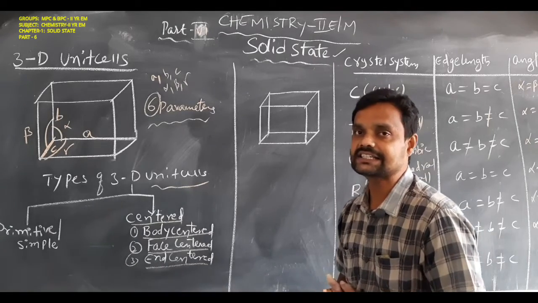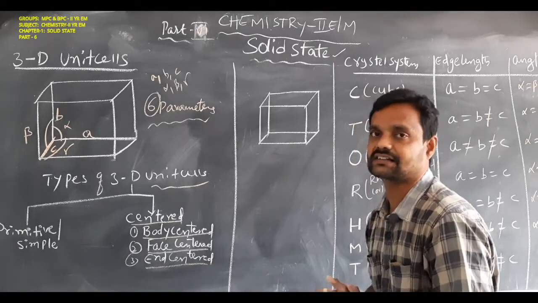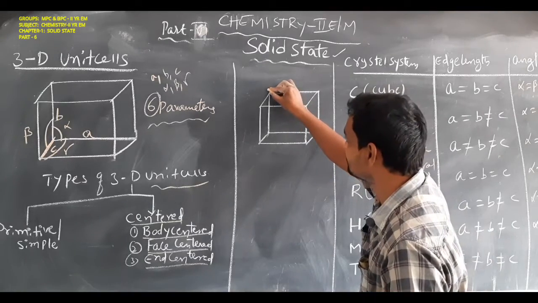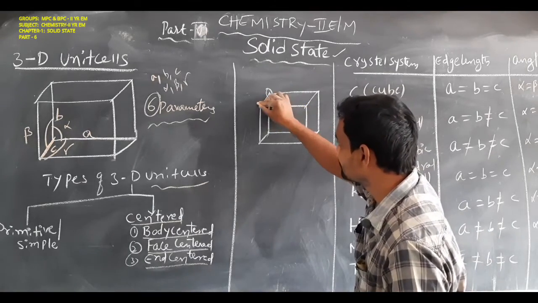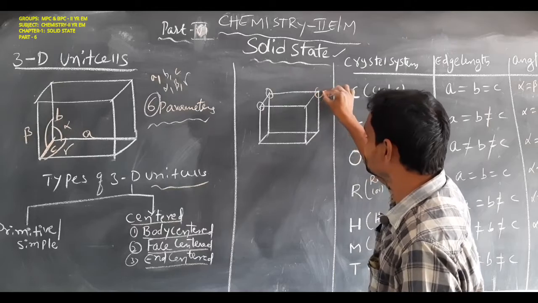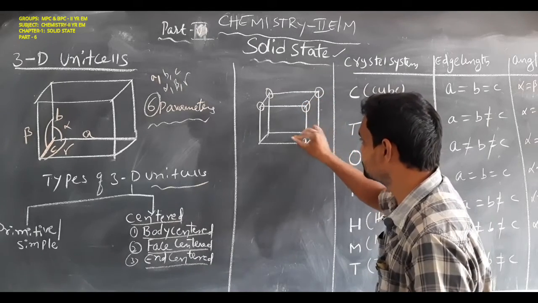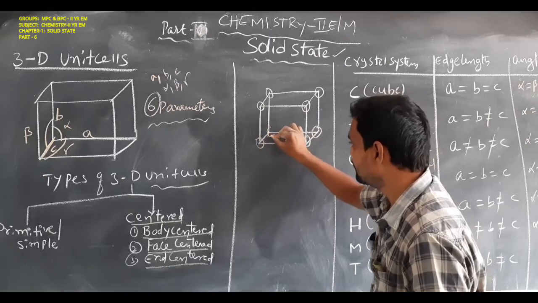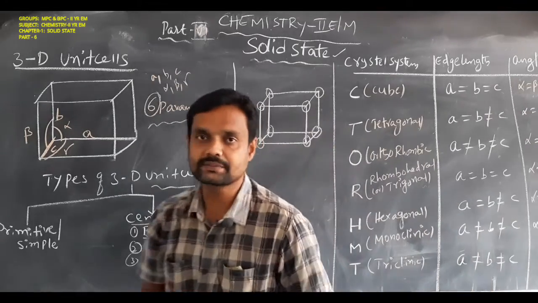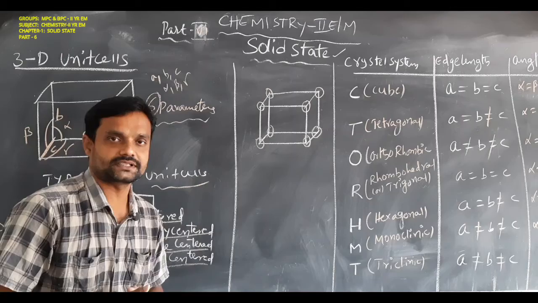How many corners exist? 8 corners exist. Let us see: this is 1, 2, 3, 4, 5, 6, 7, 8. Total how many corners are present? 8 corners are present.